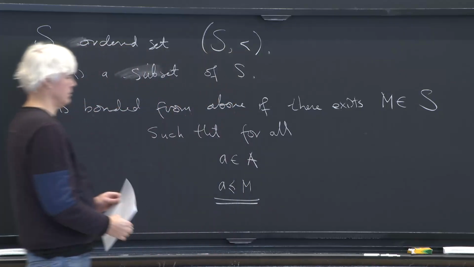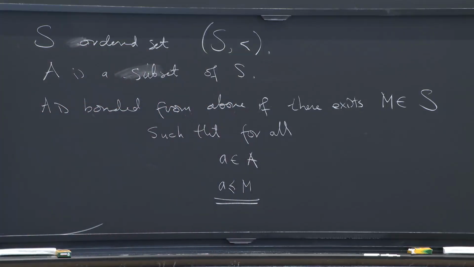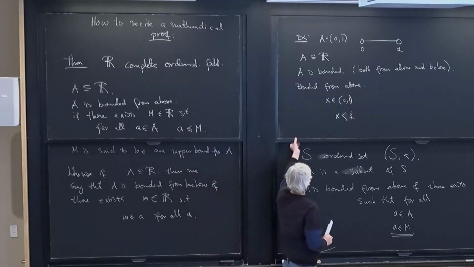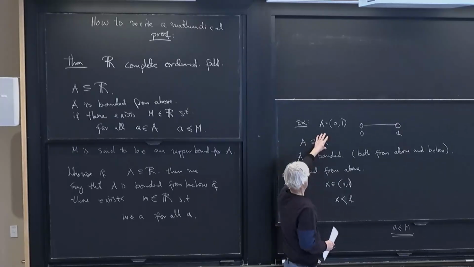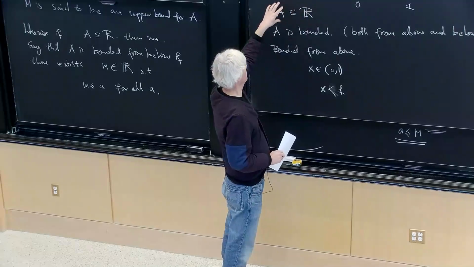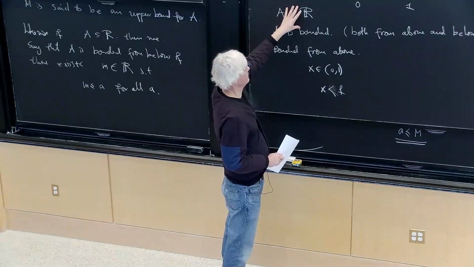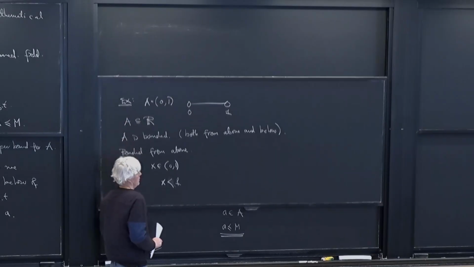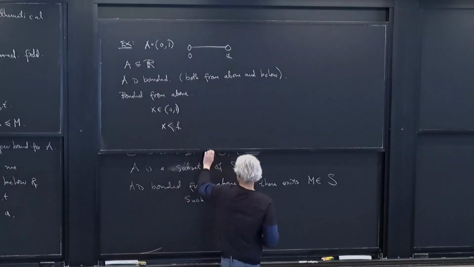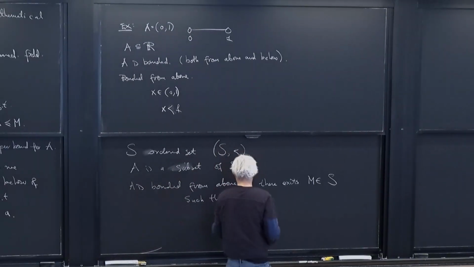Right. So this is the definition in general of being bounded above if you have an ordered set and you have a subset. And now just to illustrate it, typically we're going to think about where the set is R with the usual ordering, and you have a subset of it, and you talk about whether it's bounded from above or below. But of course, you could also do it in a more general setting like this.